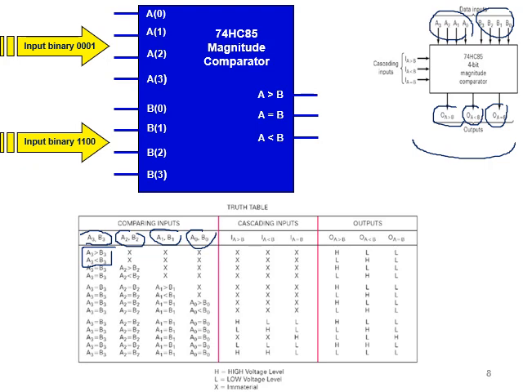If A3 is greater than B3, the output will be high on the option A greater than B, and the others will be low. If A3 is lower than B3, then the high will be for A lower than B and the others will be low. By the way, high and low mean 1 and 0 respectively.